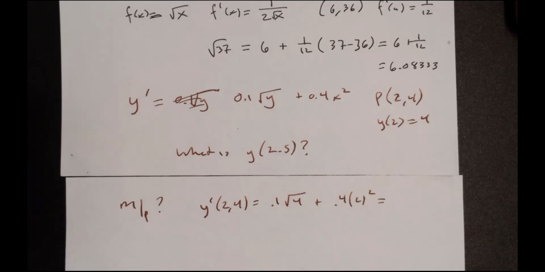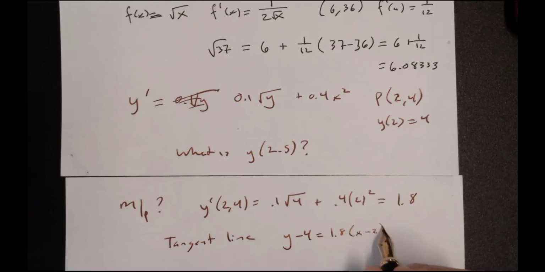Tell me what this number is. 1.8. And that means if I use point slope form, the tangent line is y minus 4 equals 1.8 times x minus 2.